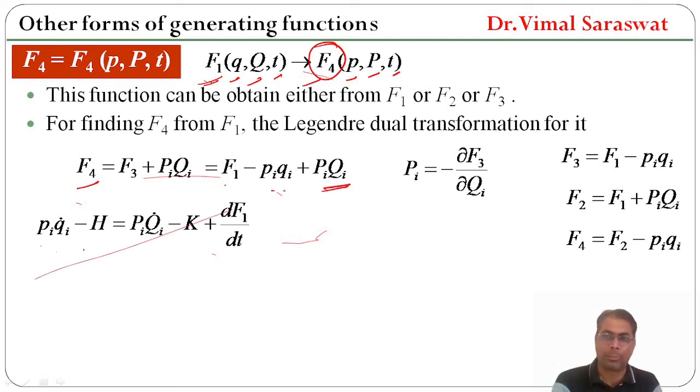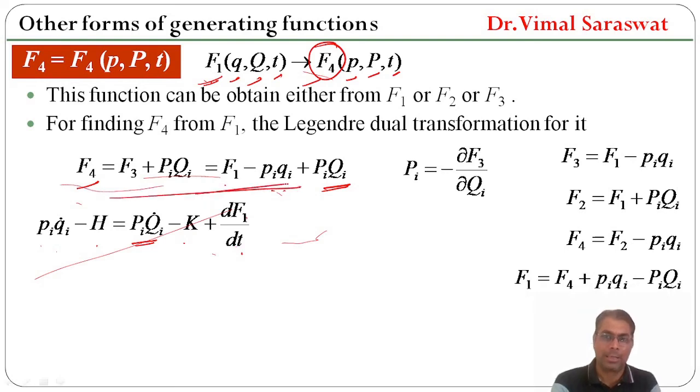Also Pi Qi dot minus H equals capital Pi Qi dot minus K plus dF1 upon dt. And from here F1 equals F4 plus small pi Qi minus capital Pi Qi.